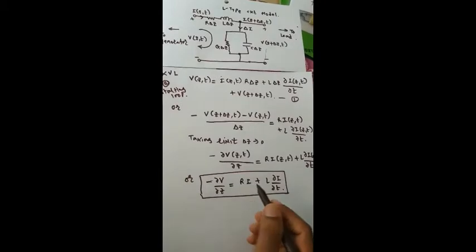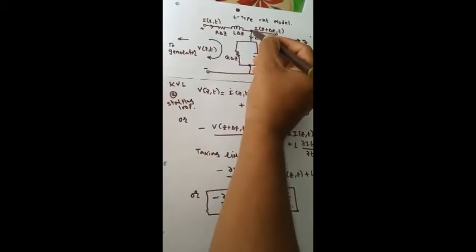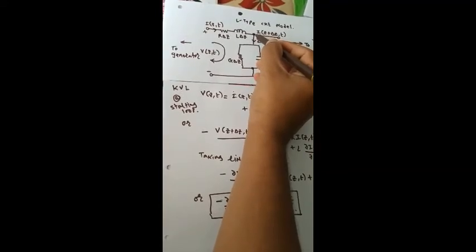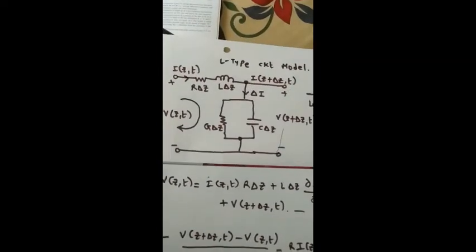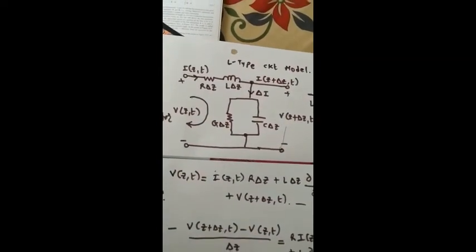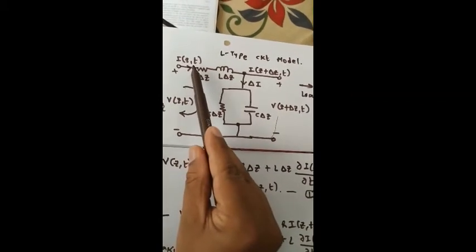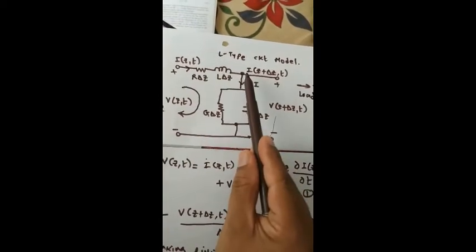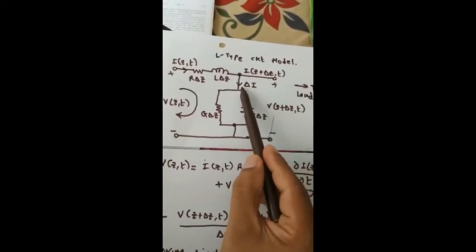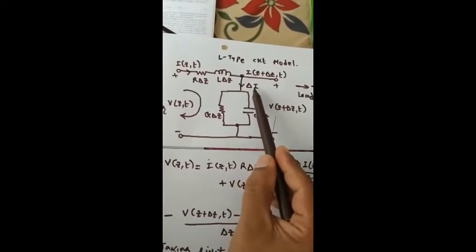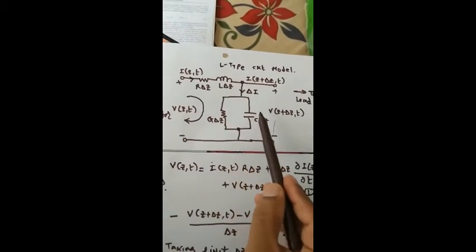Now we will apply the KCL at this point. Here you can see that the current flowing at this point, I(Z,t), is equal to I(Z plus delta Z, t) plus delta I.